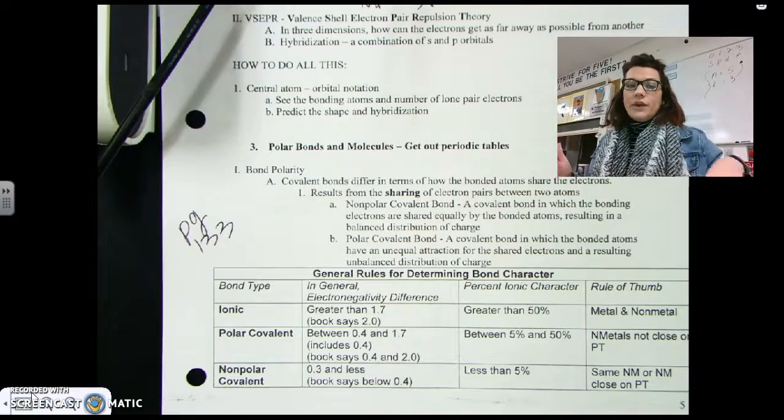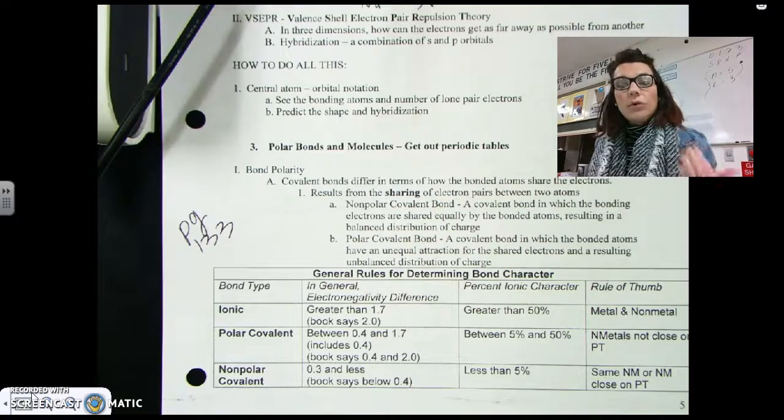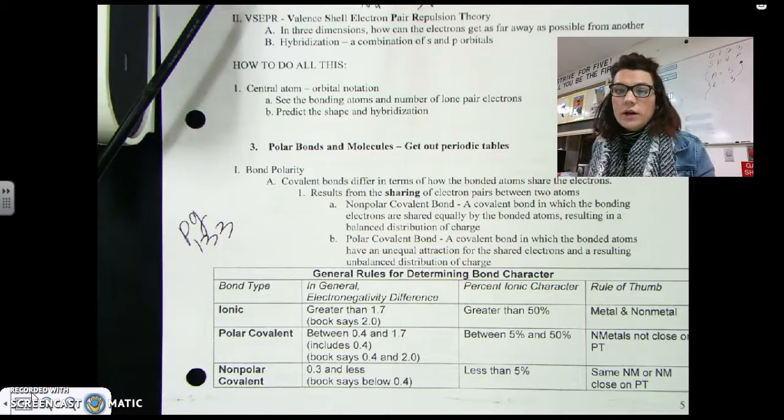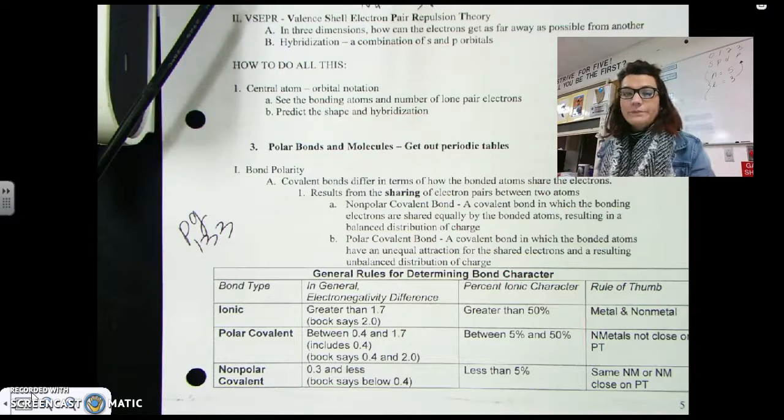So, covalent bonds, however, will differ based on who they're bonded to and who wants the bonds or the electrons more in the bond, okay? So this is going to be directly related to the electronegativity trend that we talked about during the organization of the periodic table, okay?